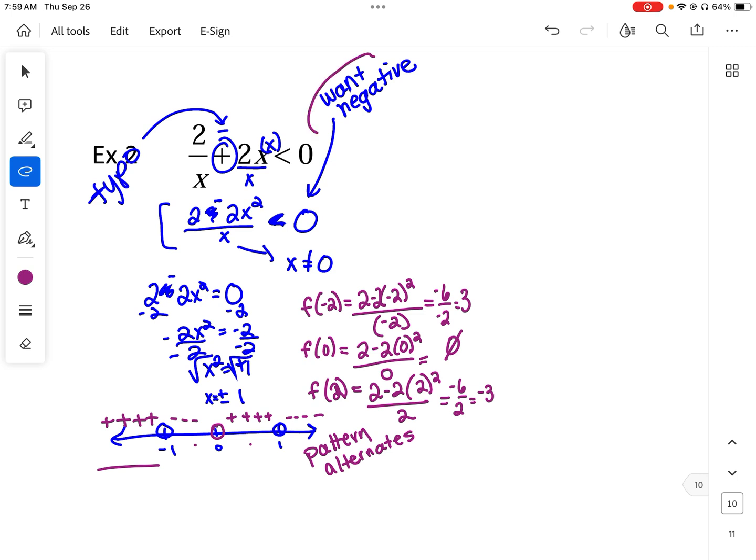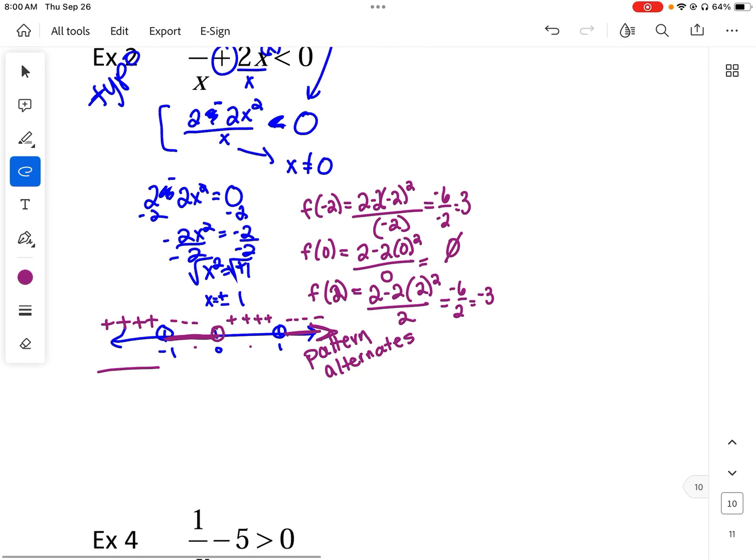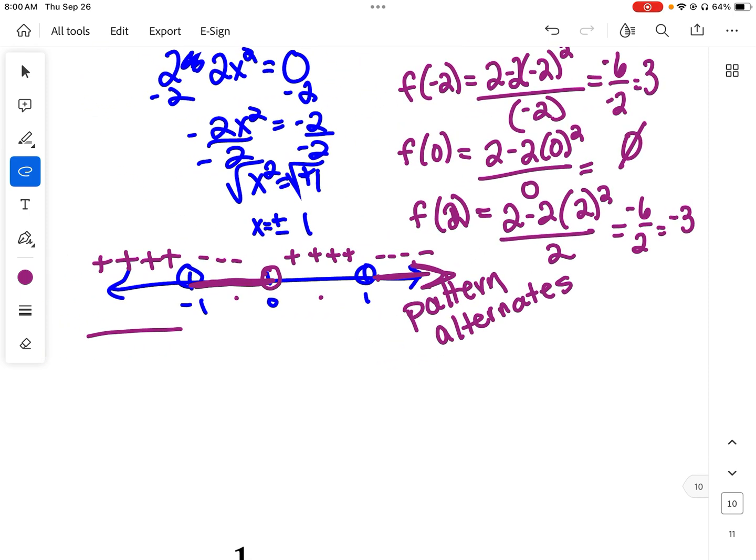So we want negative. So everything where it is negative is where we shade. So then our interval notation is going to be -1 to 0, all in parentheses, union with 1 to infinity.